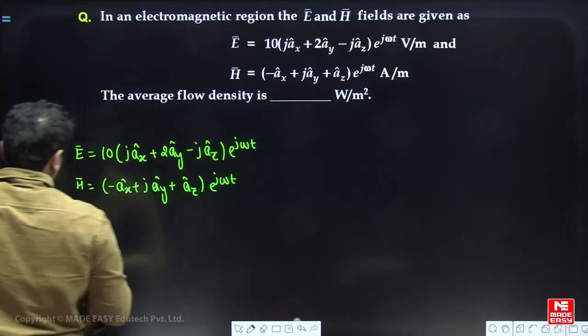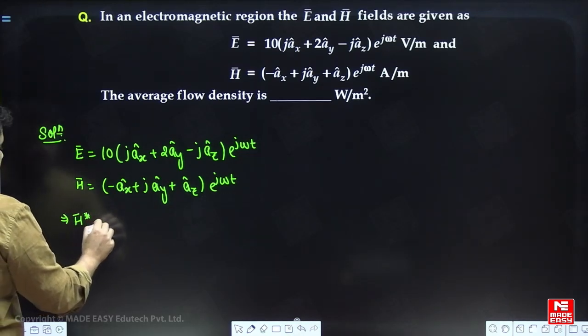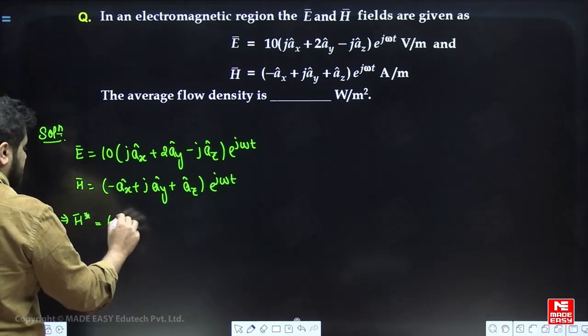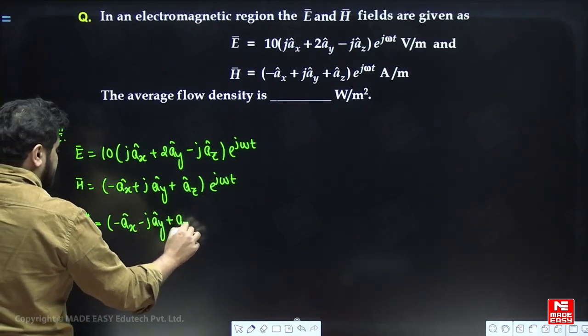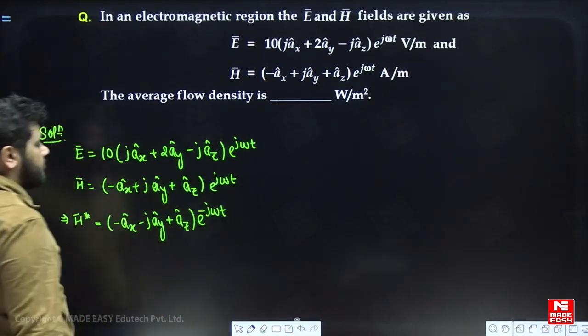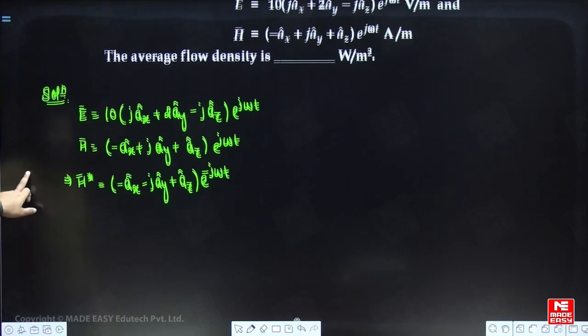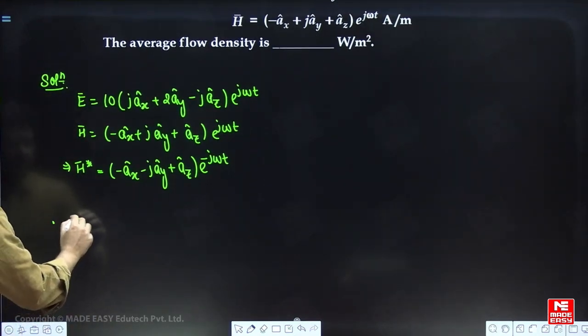Now we have both the electric field and magnetic field. From here I can get the value of H conjugate, which is equal to minus AX minus j AY plus AZ, e to the power minus j omega t. So I can go for E cross H conjugate.